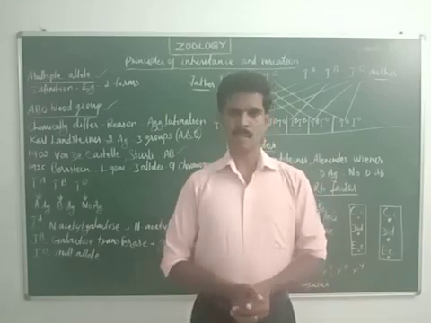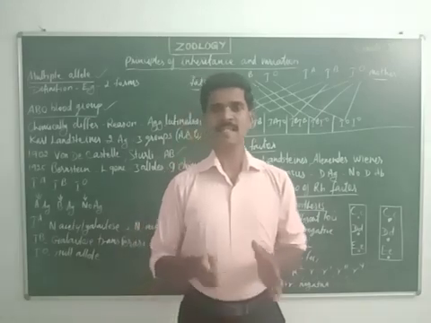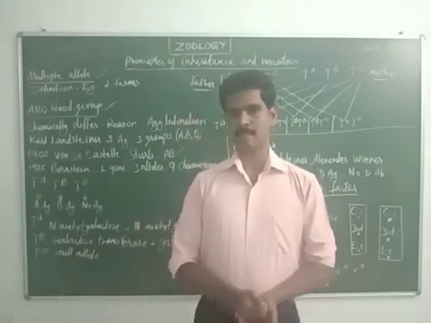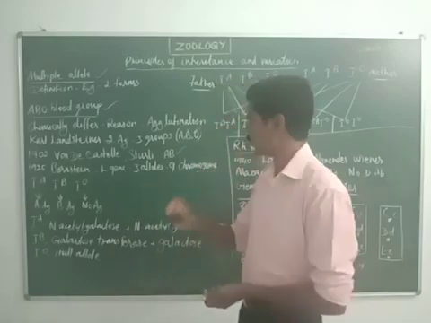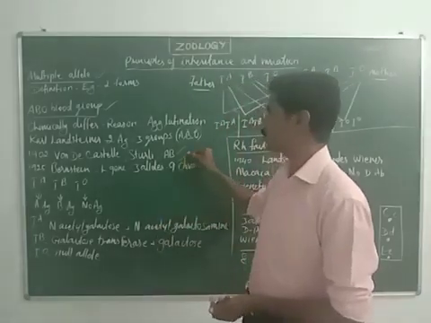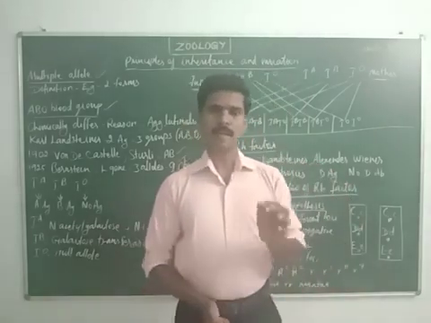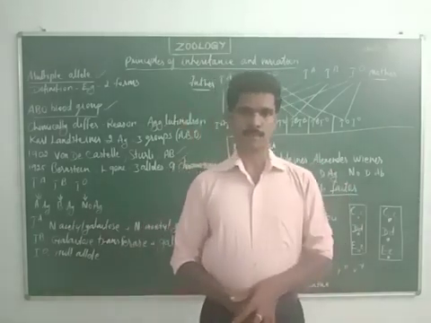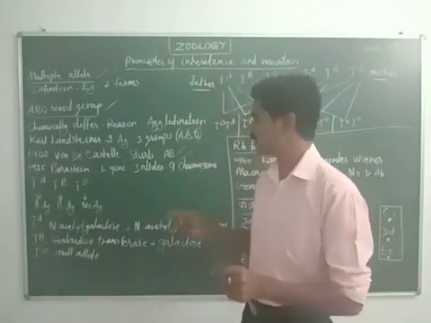Understand? This I gene has three important alleles, and all these three alleles are located in the 9th chromosome. Totally 46 chromosomes are there, and in the 9th chromosome there are three alleles.